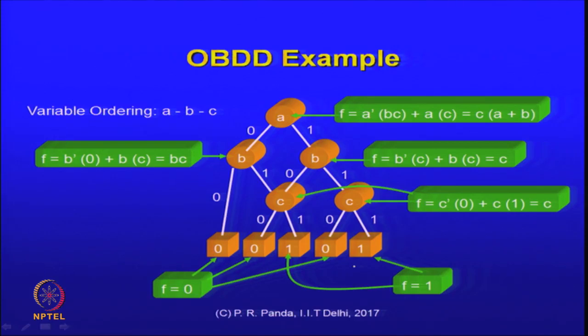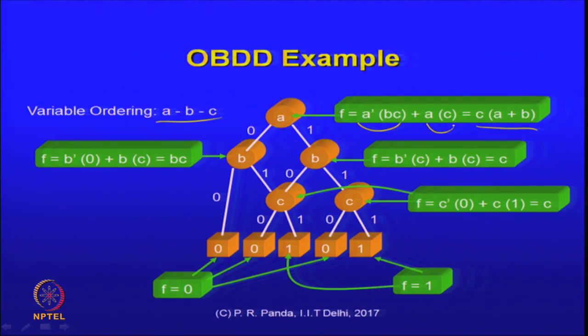We started off with one example where you have some function like c equals a plus b, but my ordering is ABC. So, I start off with a. Remember, the function ultimately is that I should be able to express this as a prime times something plus a times something, but we already showed that any function can be decomposed in that way.